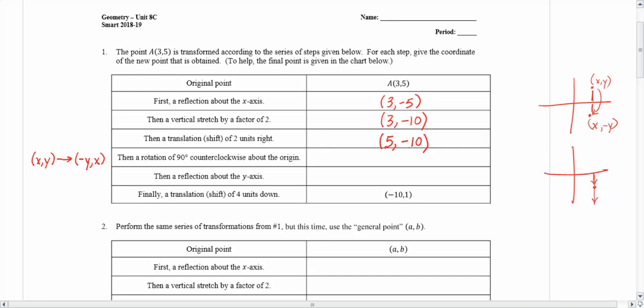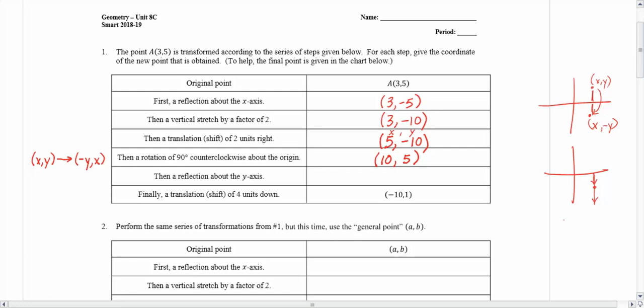So the y was negative 10, and now the y becomes a negative, so positive 10, comma, and then the x gets switched. Some students get confused with that negative sign. Just think of it as you're switching the order of x and y and throwing a negative in front. So you're switching the order, so it becomes negative 10, 5, and then throwing another negative in front makes it positive. And then we're going to reflect it around the y-axis.